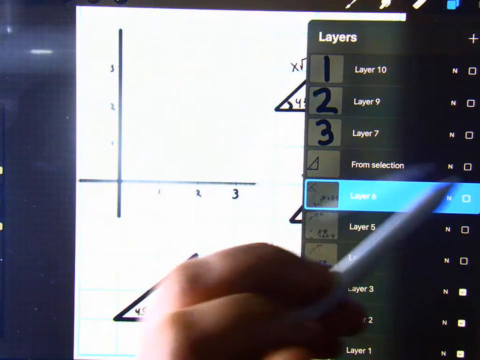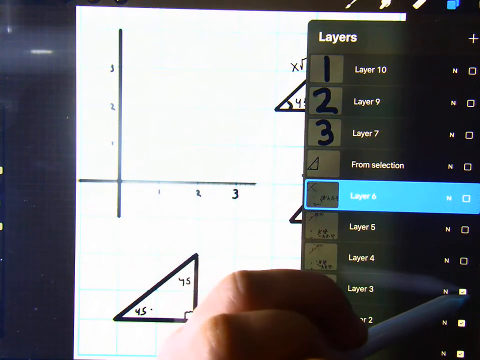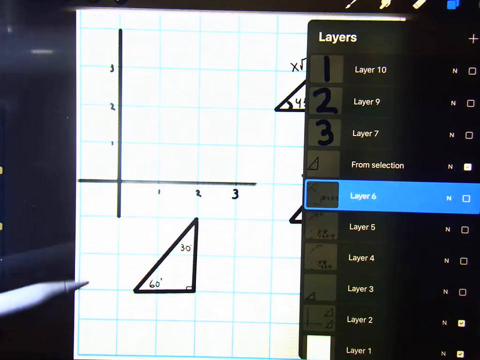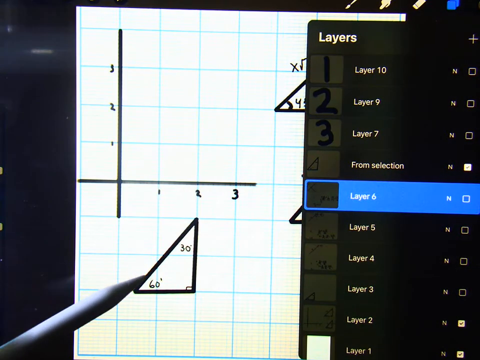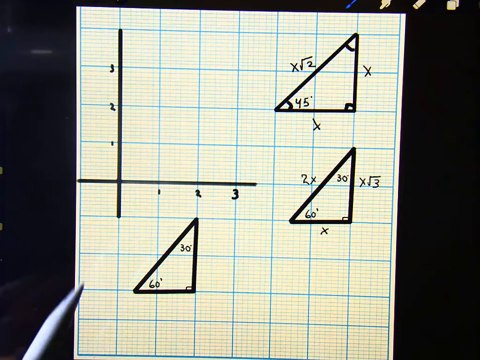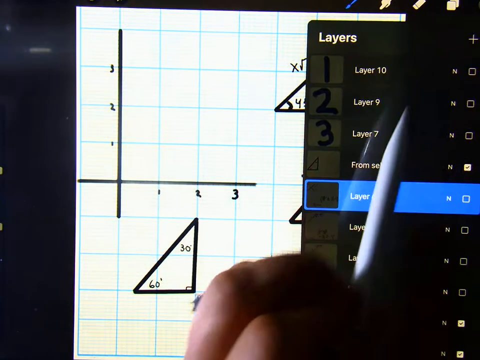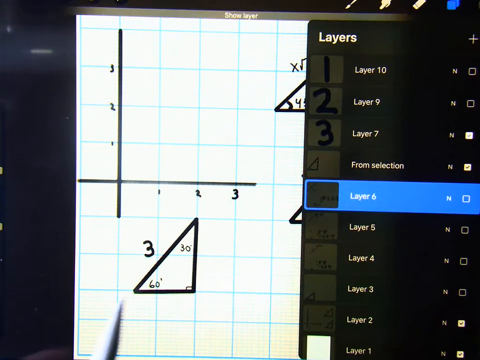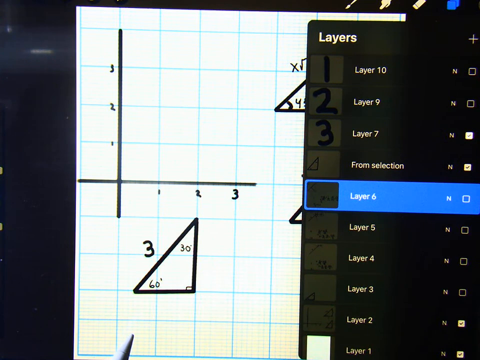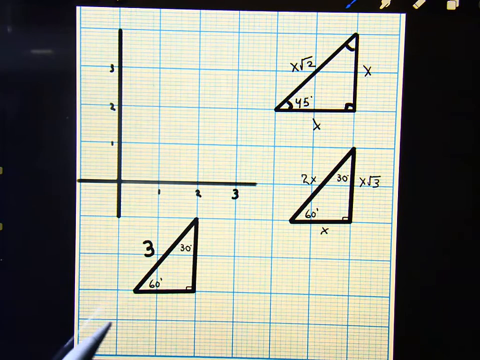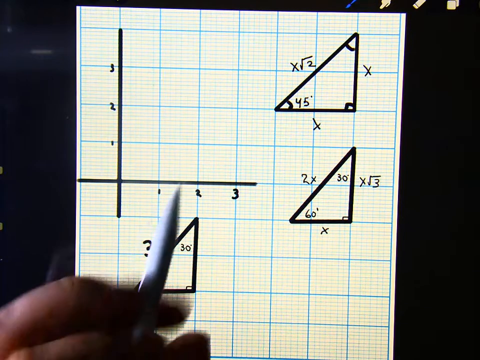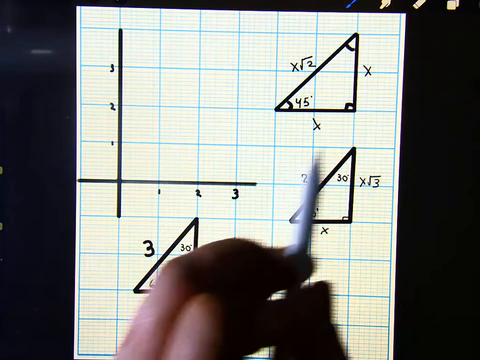So the question then becomes, what if we end up doing something with the 60-30? The 60-30 is going to follow the exact same formula and concept. We have, let's just say 3. And we go, okay, well, we're coming now here.